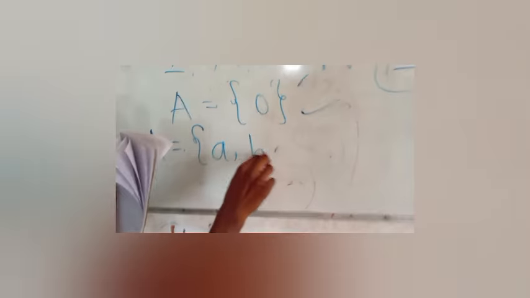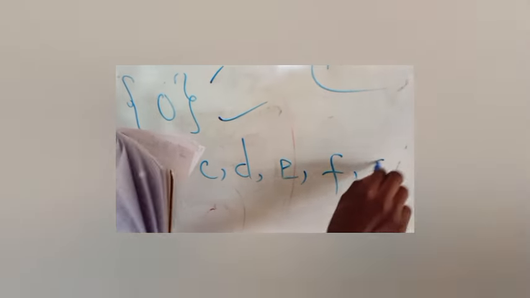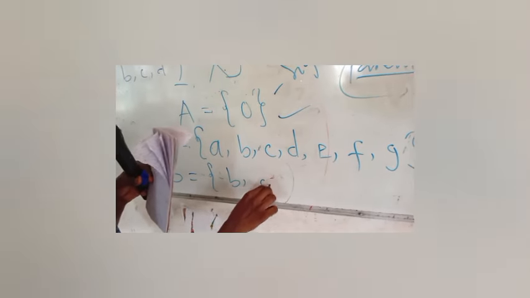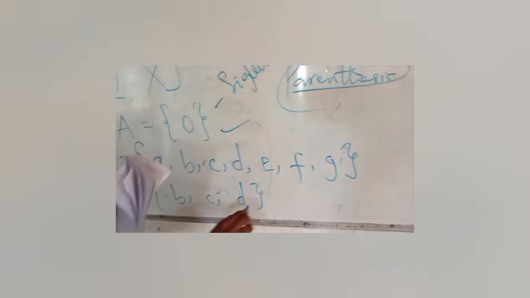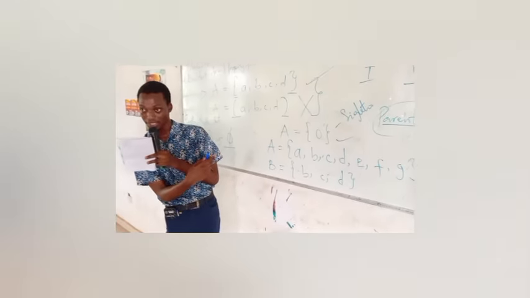Let's assume we have our set A to be A, B, C, D, E, F, and G. Then set B we have as B, C, and D. Now, please, let's focus on the board, just to explain that terminology. This is set A, and this is set B. Set A and set B are not empty sets, right?